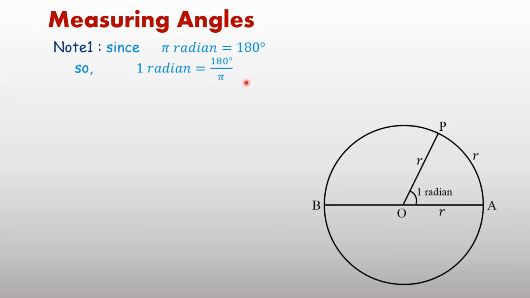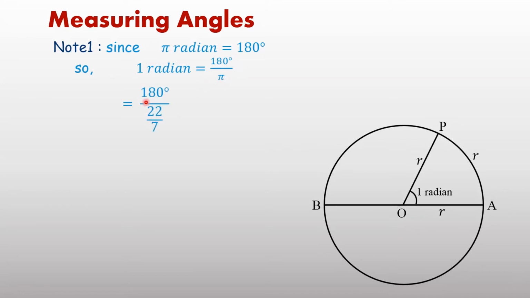So when you write 180 degree, it is written as 180 times of 1 degree. Therefore, pi radian means pi into 1 radian, pi transferred to the right side. So 1 radian equal to 180 upon pi degree. It implies whenever you want to convert from radian to degree, you have to multiply by 180 upon pi.